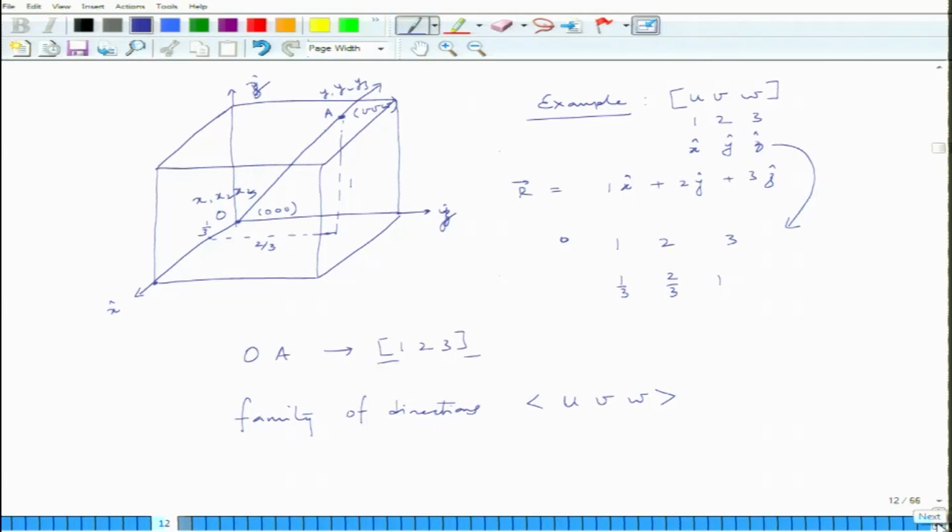So, now we will finish this lecture here, and in the next lecture we will look at some more examples of how we draw the directions, and we will also look at a little different system, which is hexagonal system.